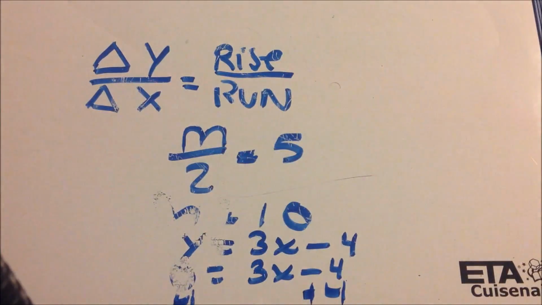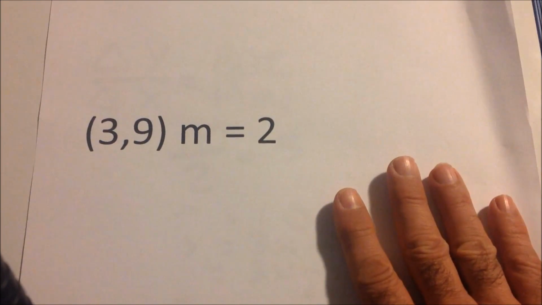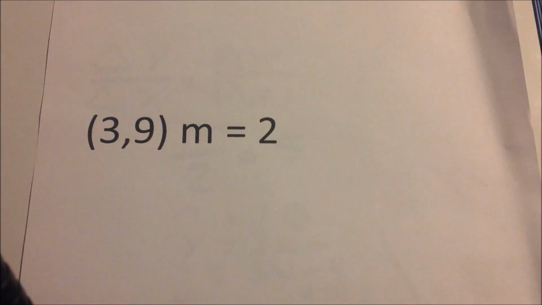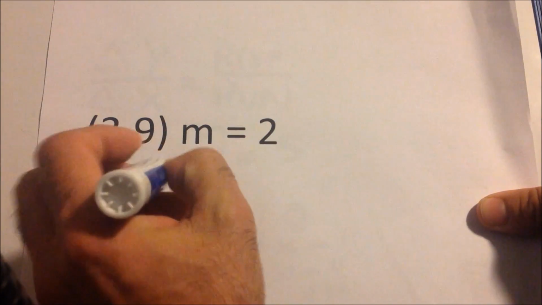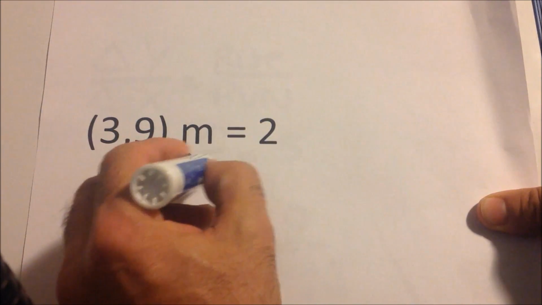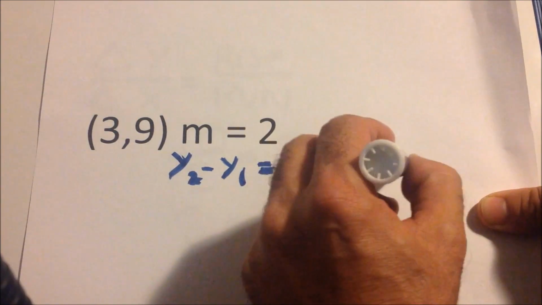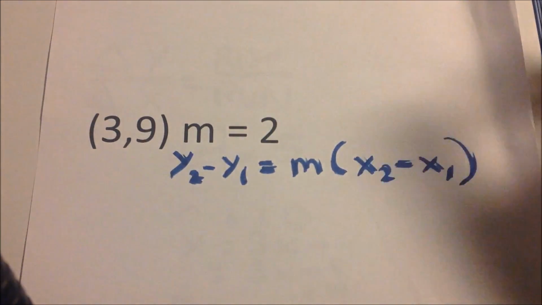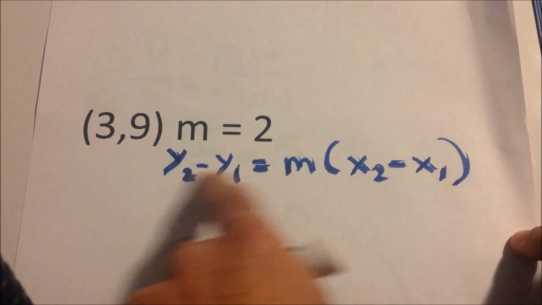So let's look at another question. See if you can do this one now. Here's a point, 3, 9, and the slope is 2. So what do we do? Remember, we had the point-slope formula. You have to try to memorize this.